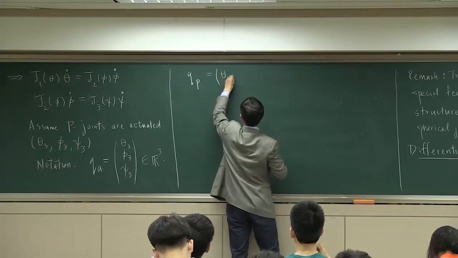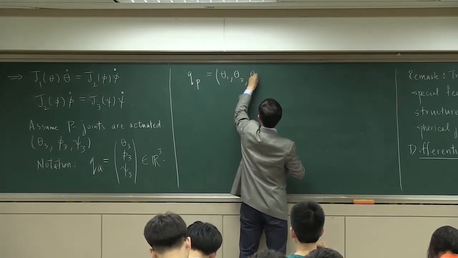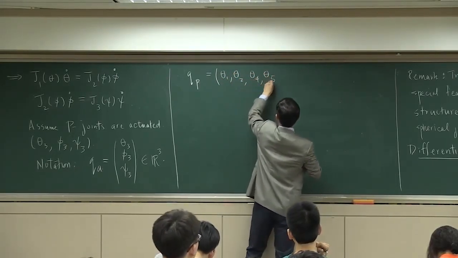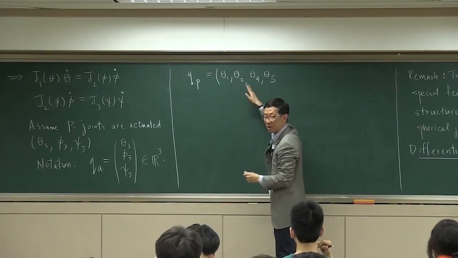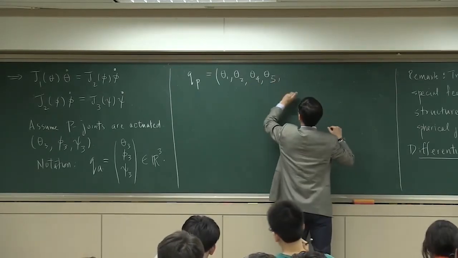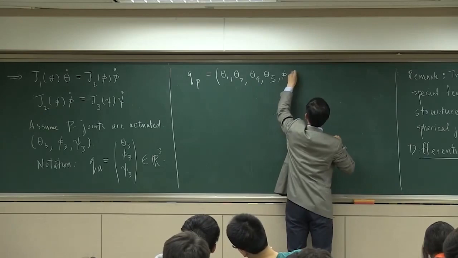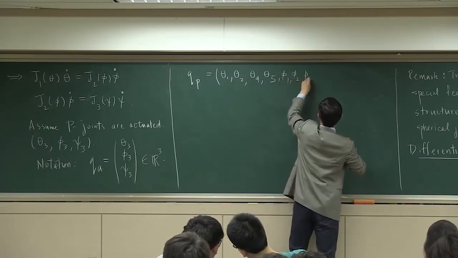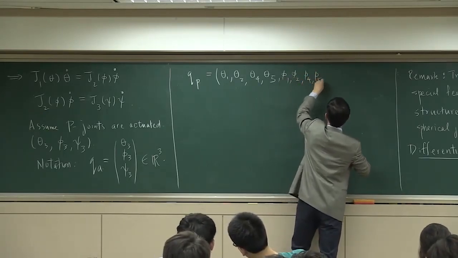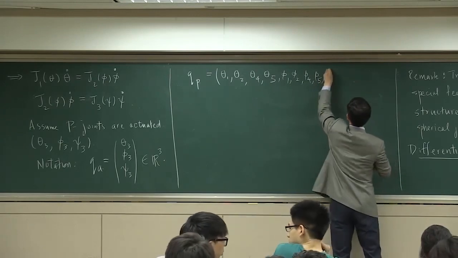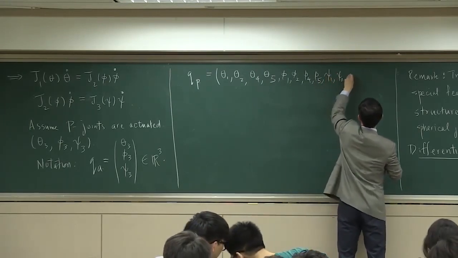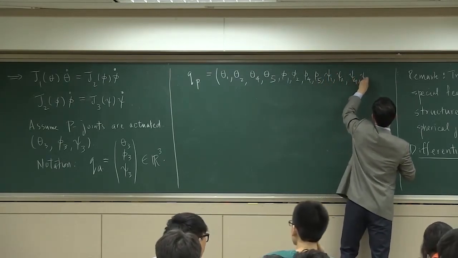So this will have theta 1, theta 2, theta 4, theta 5, just dropping the actuated joints, phi 1, phi 2, phi 4, phi 5, and then psi 1, psi 2, psi 4, psi 5.